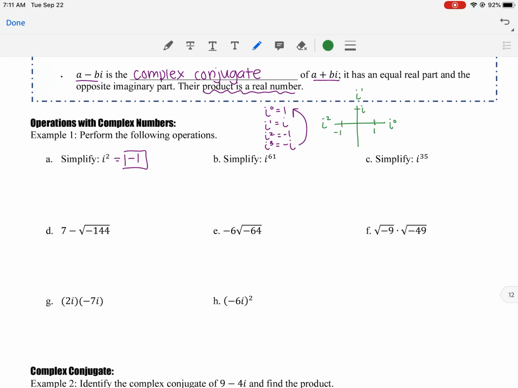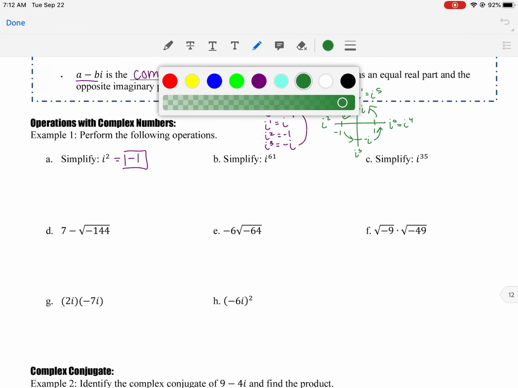We're back to the real numbers. As we do i to the third, we get a -i. And then you go back around. So it's the same as i to the fourth, i to the fifth, etc., right? So we keep going in this rotation, which there is actually some math behind that, about imaginary numbers being this rotation of 90 degrees, in case you're wondering.